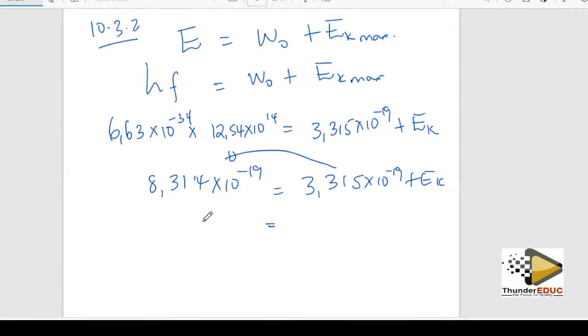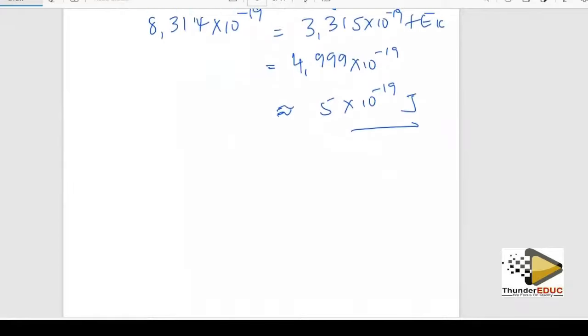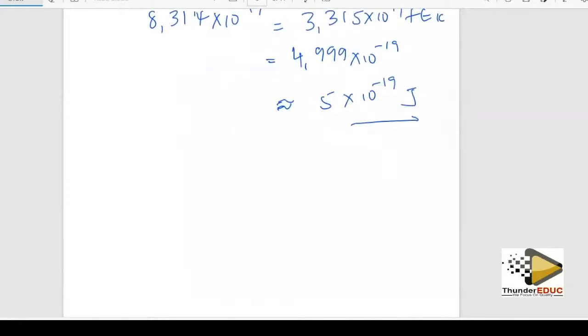That becomes 4.999 times 10 to the negative 19. So if I round this to two decimals, it's just going to be 5 times 10 to the negative 19 joules. We're looking for kinetic energy. Okay, then the next question.